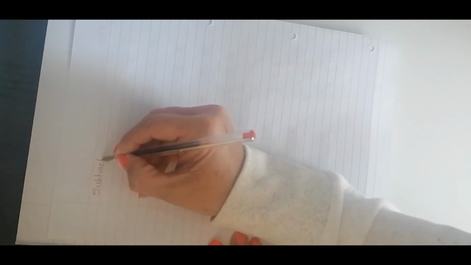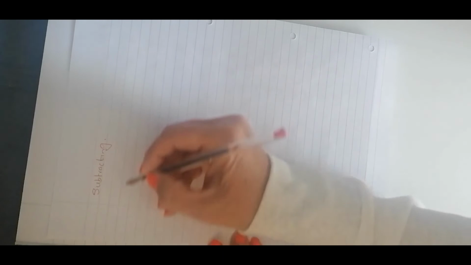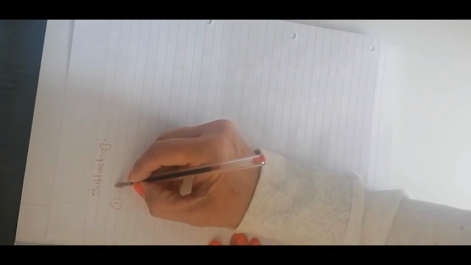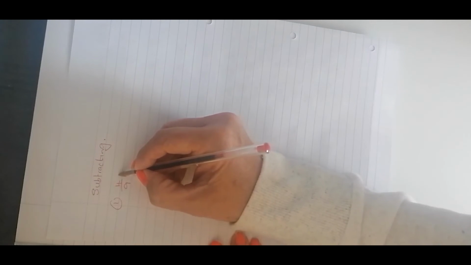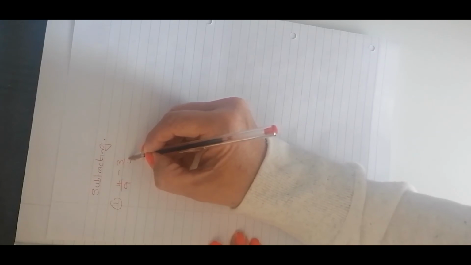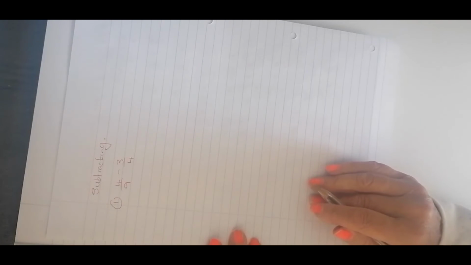So let's do some subtractions. So subtracting. So the same processes. So now we are subtracting. Number 1, 4/9. Take away 3/4. Again, we cannot add or subtract until we get the denominators the same.